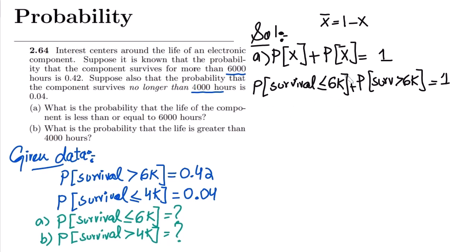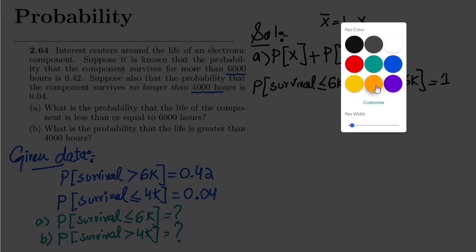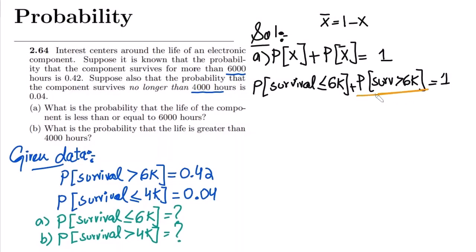Putting values here, because I know the value of this one as well, let me write their values. I will get the probability of survival less than or equal to 6k plus 0.42 should be equal to 1.